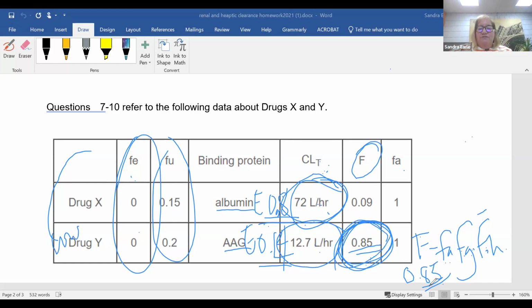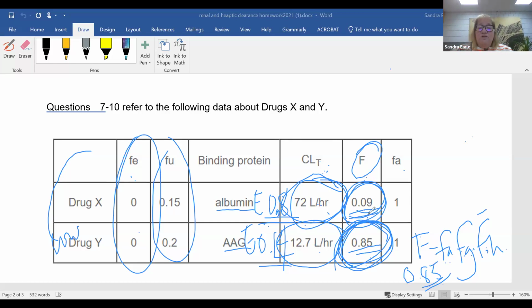When we see this low bioavailability of 0.09, we think, oh, maybe that's a high extraction drug, because a lot of it is being eliminated before it's getting to the systemic circulation.